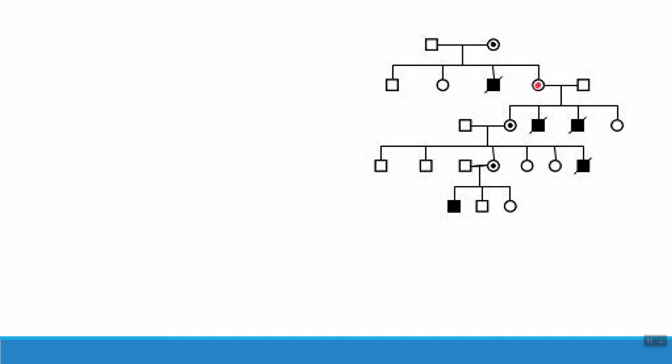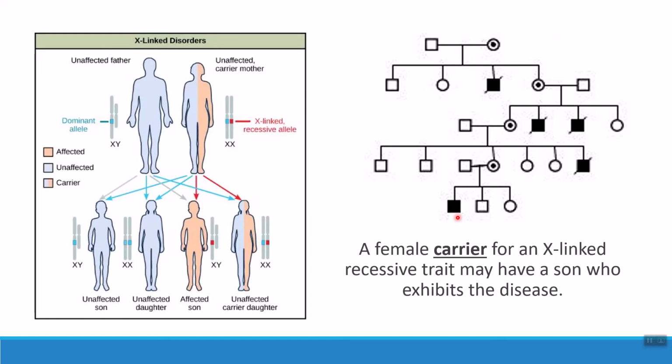We go into the next generation. Neither mom or dad is expressing the disorder, but notice that both of their boys are expressing it. Again, we go into the next generation, and the only kind of offspring expressing it are males. This is a great example for us of an X-linked recessive family tree.